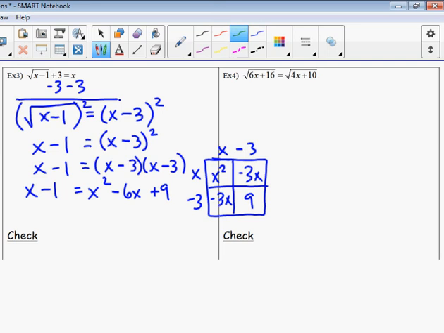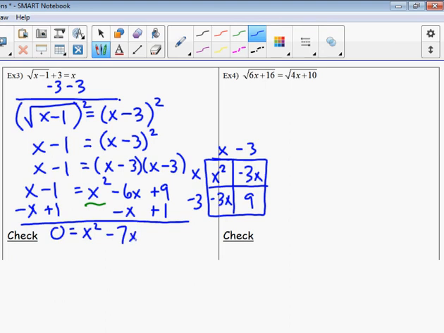We recognize that this is a quadratic equation because we have a squared term. So we're going to solve it like a quadratic. We're going to move everything onto one side of the equation. I'm going to subtract x and add 1, subtract x and add 1. So I'll get 0 is going to equal x squared minus 7x plus 10. At this point, we can choose a method to solve this quadratic equation.